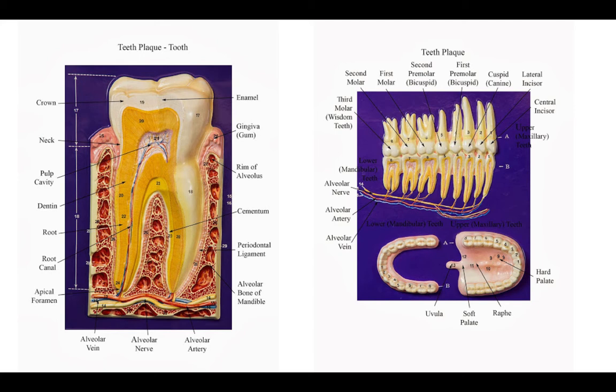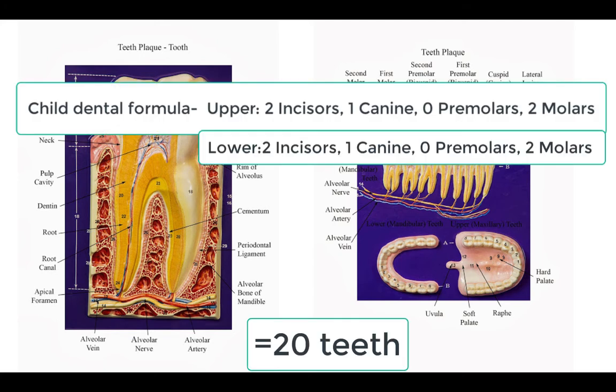And for your deciduous teeth, I will write out this dental formula for you. You have about 20 teeth that will erupt and then also be lost sometime between 6 and 12 years, and then they'll be replaced with your permanent teeth. So the dental formula for a child with deciduous teeth is 2 incisors.